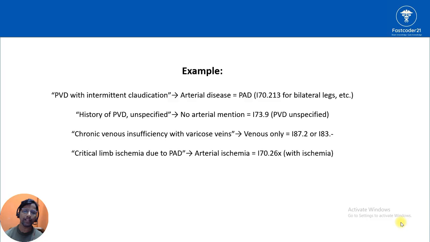Next we have critical limb ischemia due to PAD. As we have discussed, ischemia is related to PAD, so we need to code it as arterial ischemia. Here we need to use I70.26 and a 6th character based on the documentation for ischemia.